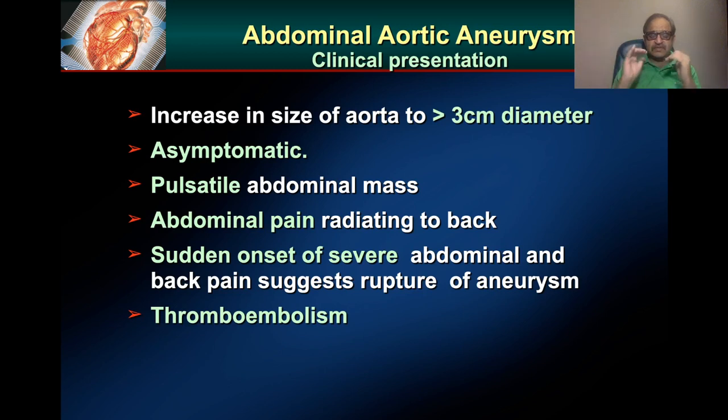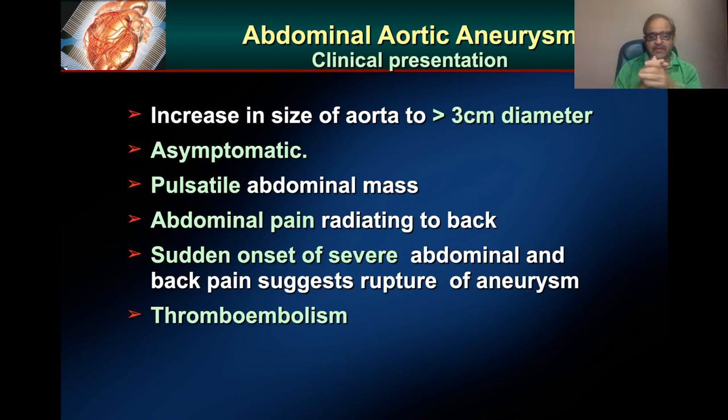But if there is sudden severe pain in the abdomen radiating to back, this may suggest there is rupture of abdominal aortic aneurysm, which is emergency, and the patient must immediately report to hospital.